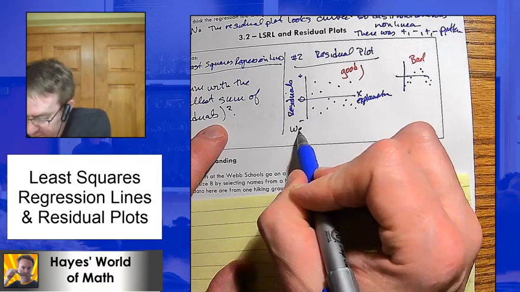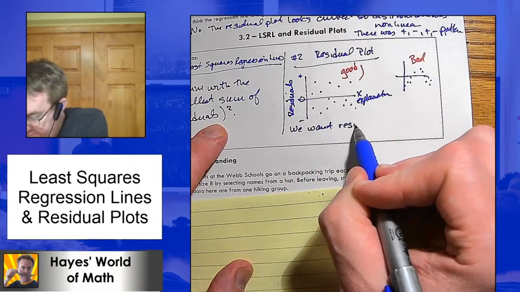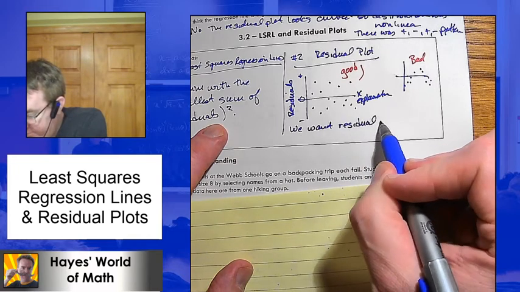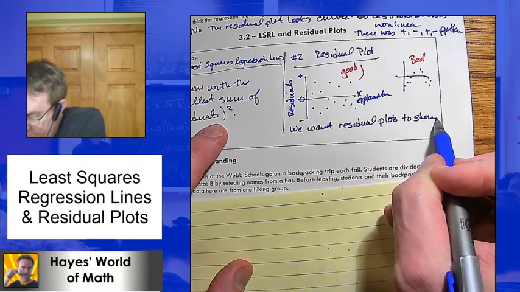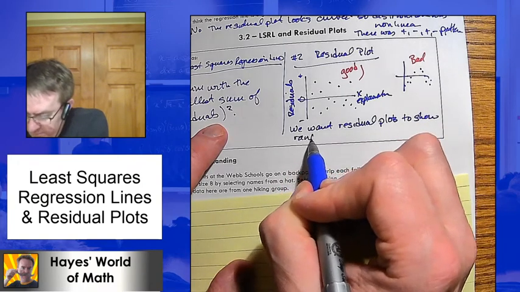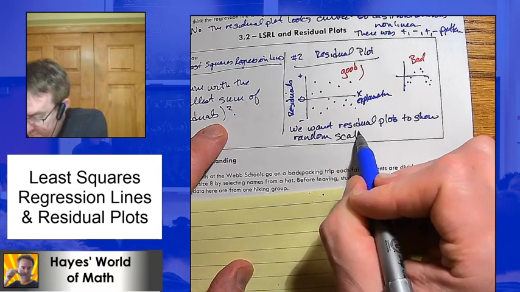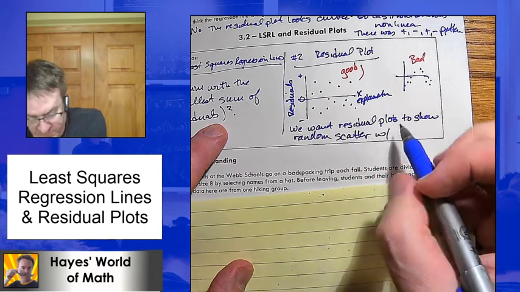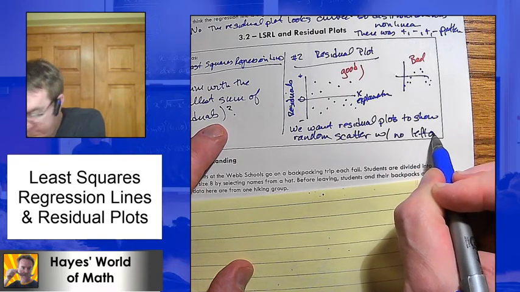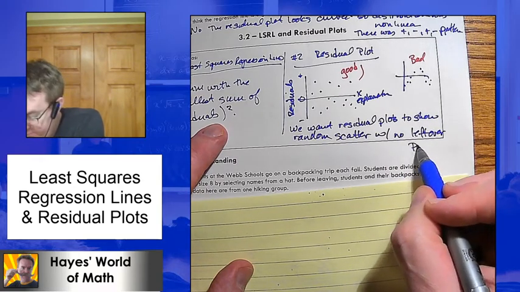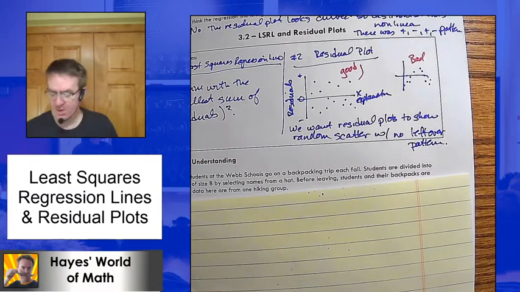We want residual plots to show a random scatter with no leftover pattern. Yay. Okay, so this is the point.